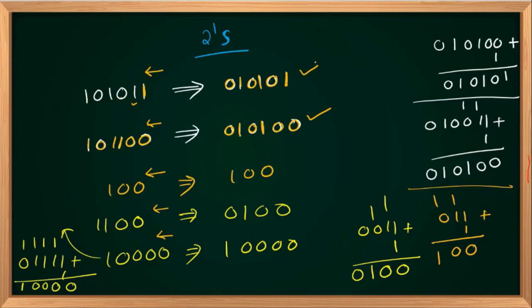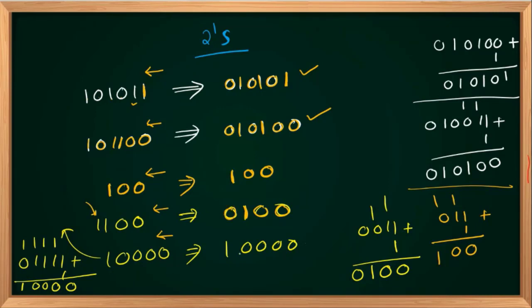Okay, listen carefully again. Travel from the right extreme towards left. Repeat until you are observing a 1. Here I am observing a 1, so I'm repeating up to this. So 100 is the same as 100 to us. For 1100, I'm repeating up to the first 1, then I'm complementing the next 1 with a 0.